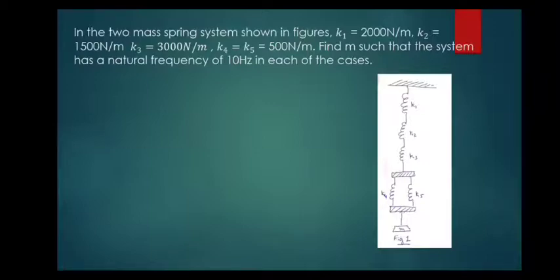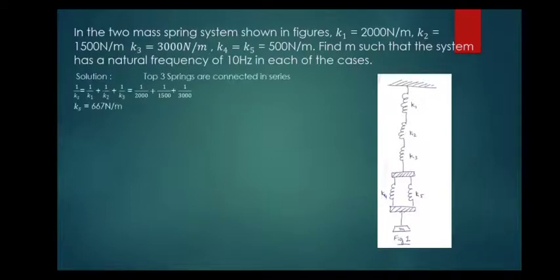You can see here K1, K2 and K3 are connected in series, and in the second setup, K4 and K5 are connected in parallel. When springs are connected in series, 1 divided by the effective spring constant Ks is equal to 1 divided by K1 plus 1 divided by K2 plus 1 divided by K3, which is 1 divided by 2000 plus 1 by 1500 plus 1 by 3000.